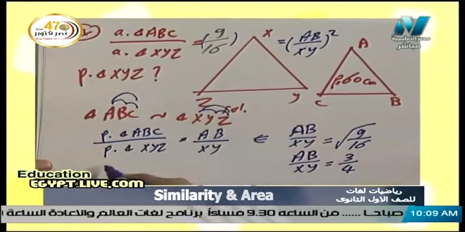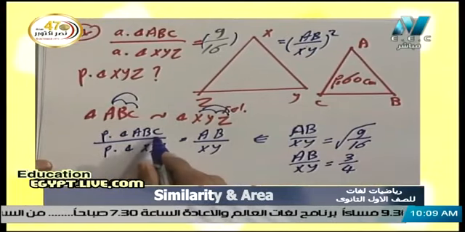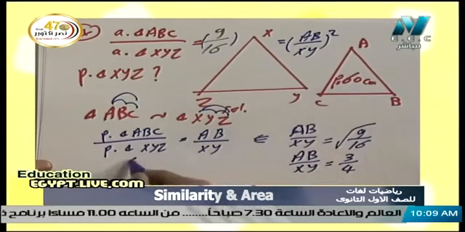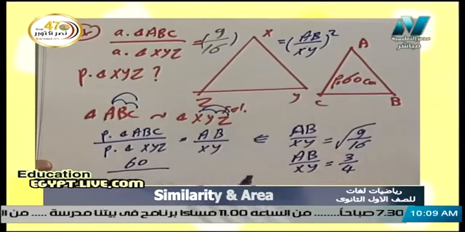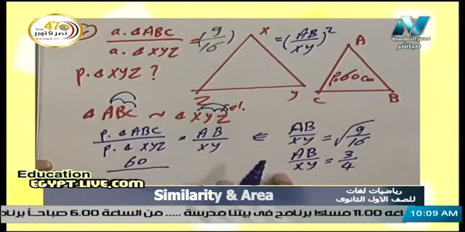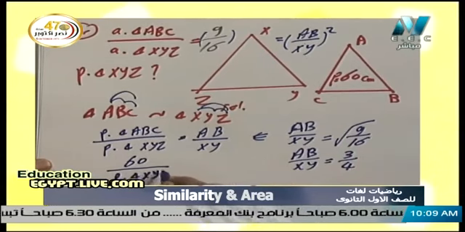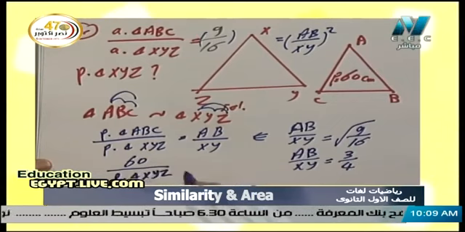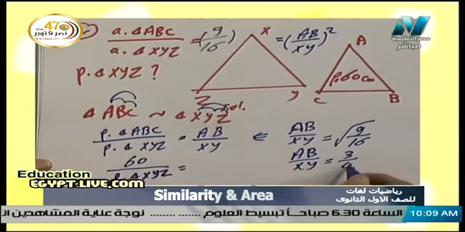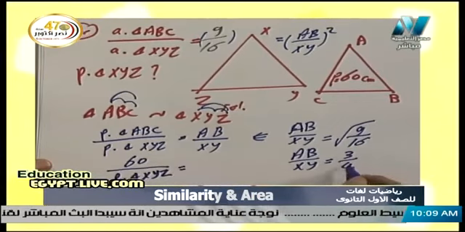Okay, so the perimeter of triangle ABC, which is 60 centimeters, over the perimeter of triangle XYZ equals 3/4, which is one of the ratios.